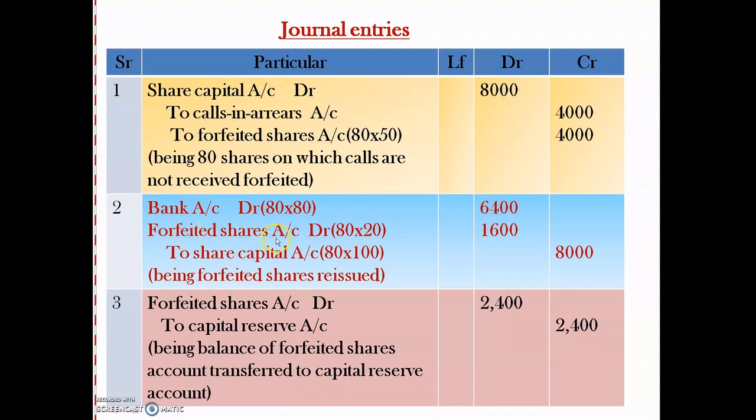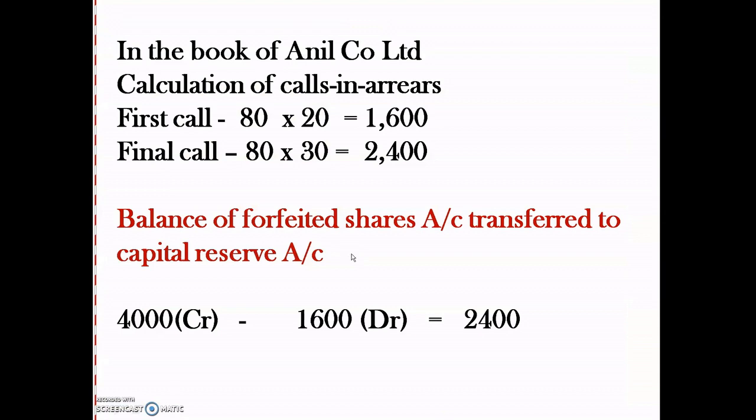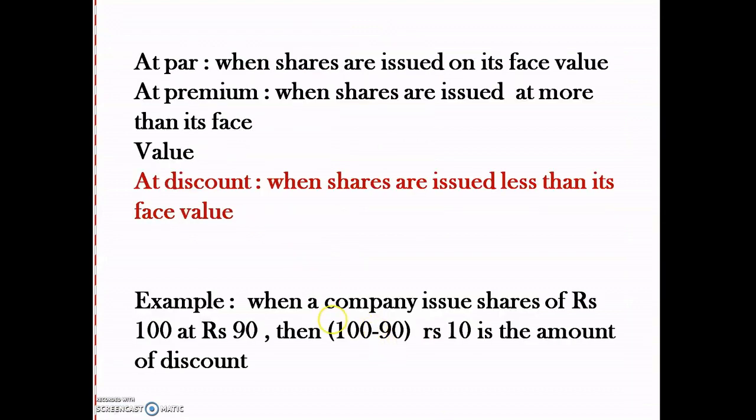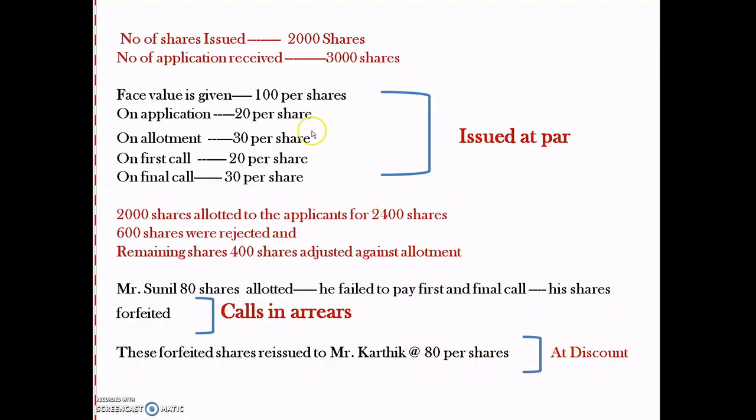After that, forfeited shares account debit, in this column 80 means number of shares forfeited, multiply with 20. 20 means here difference between original price and discount price. See here, original price and discount price. Original price is here 100, and at the time of reissue to Mr. Karthik, the per share is here 80.